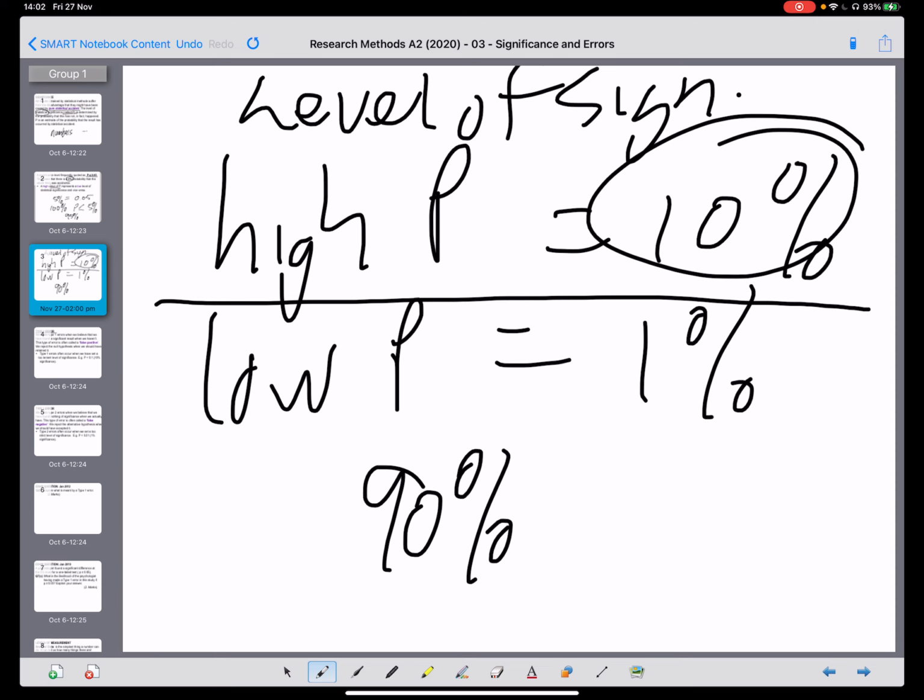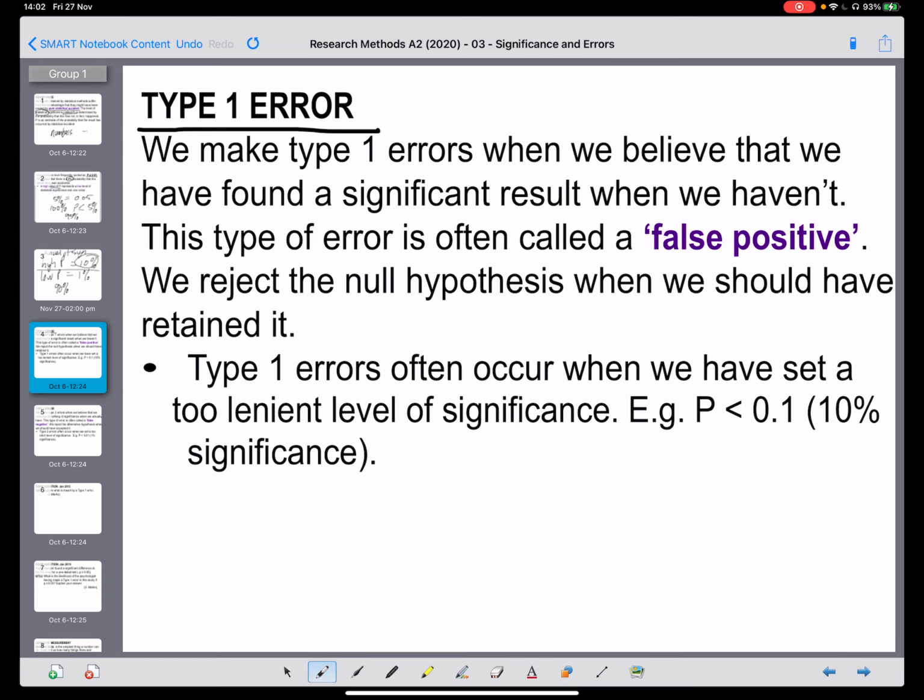So that's 10% being higher than 1%. And so what I'm ultimately allowing is more statistical accident to let in. And so what I can get is a false positive.